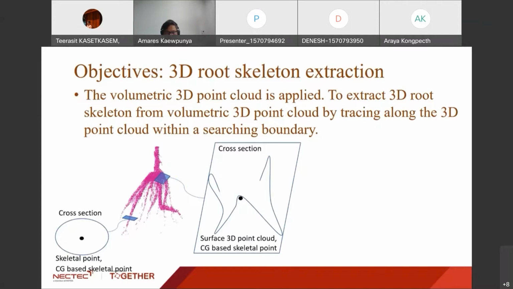Calculating the center of an oval cross-section yields the same result for both types of 3D image, but the cross-section at the root junction has an indeterminate shape, and boundaries are much wider than the root portion. Thus, there is a chance to cause the skeleton point to move away from its proper path.